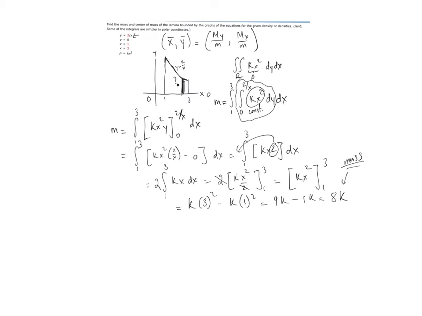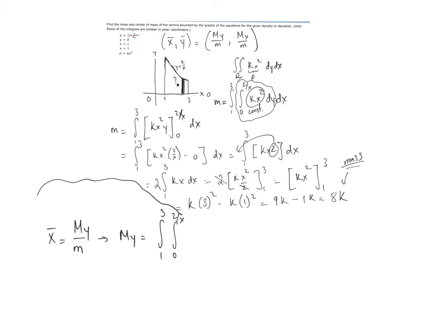Alright, now let's find the center of mass by finding the moment about x and the moment about y. So x bar will be the moment of y over the mass. The moment of y will be the integral with the same bounds, from 1 to 3, and 0 to 2 over x.